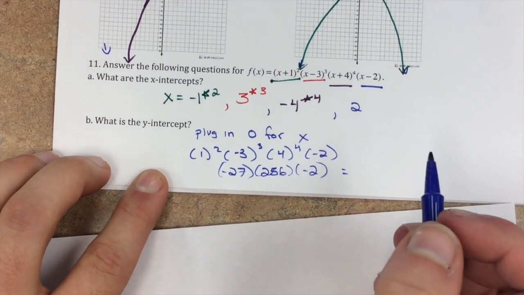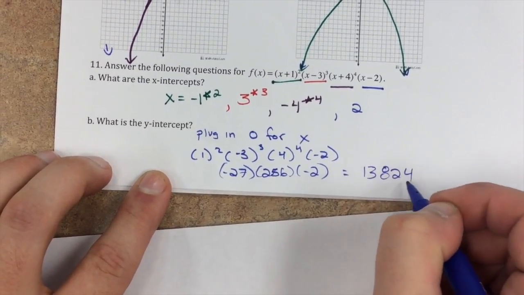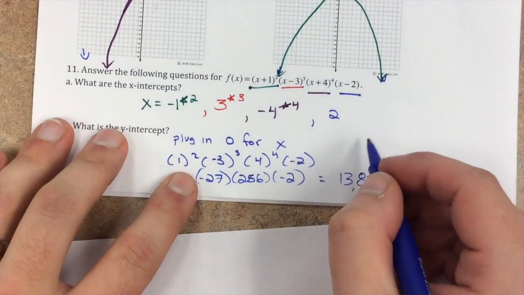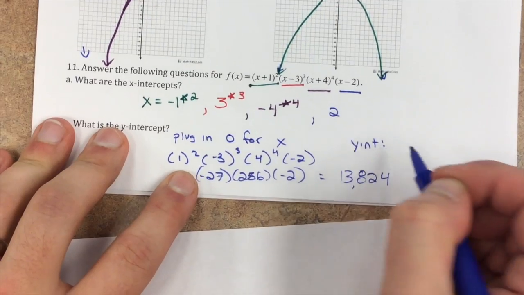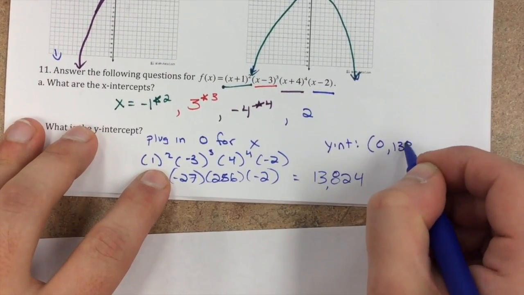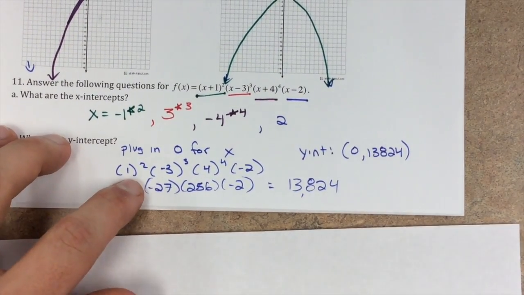That gives us 13,824. So my y-intercept, we're writing that as a point. The y-intercept is going to be located at 0, 13,824, which is a very large number. Kind of hard to graph.